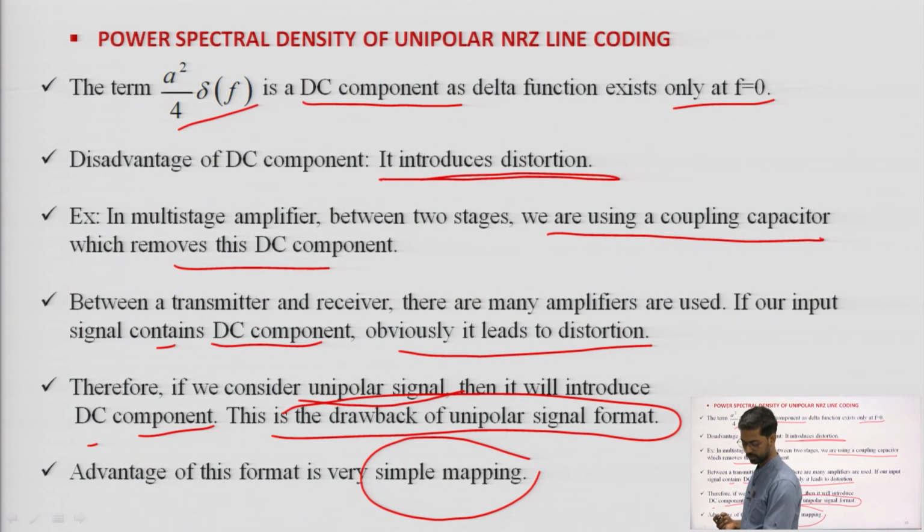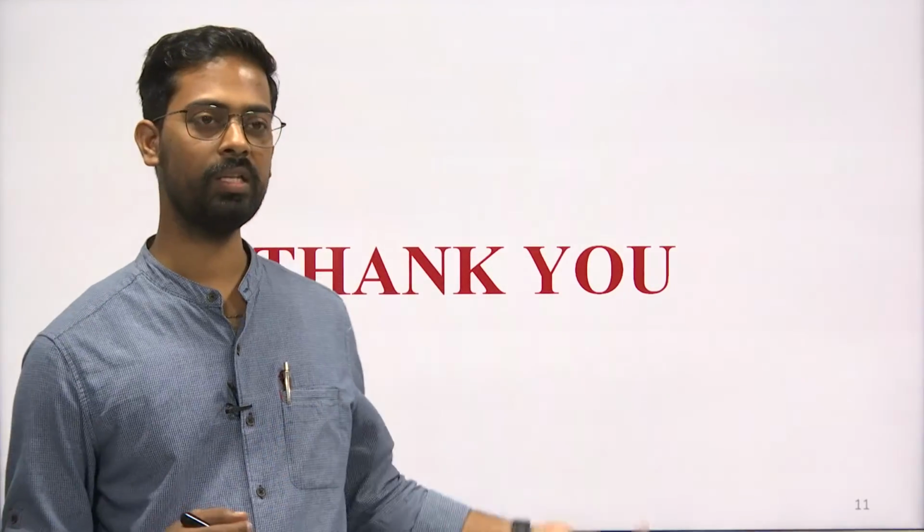Okay, so this is about the PSD of the unipolar format. Now, in the next class we will see the PSD of the polar and bipolar formats, and we will see whether there are DC components in the PSD, and how these techniques are advantageous compared to the unipolar technique.